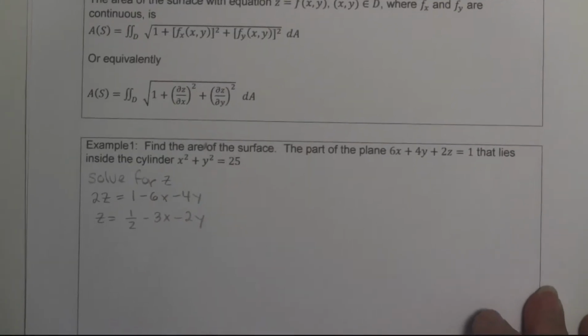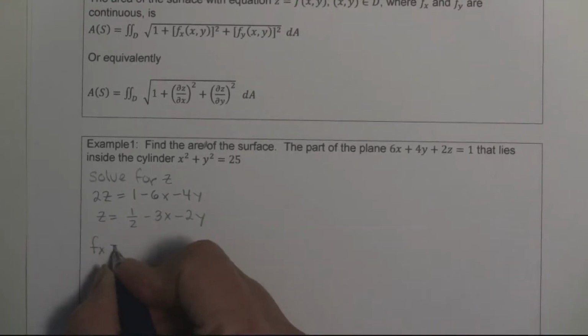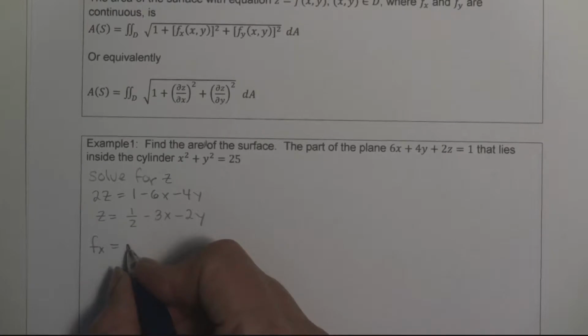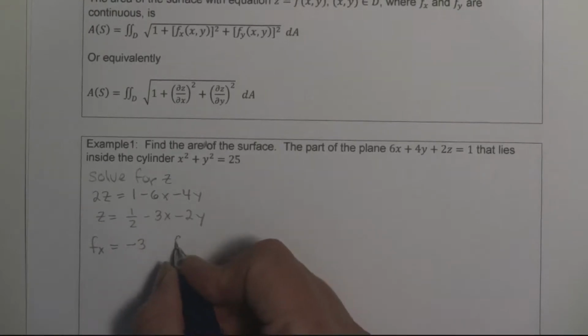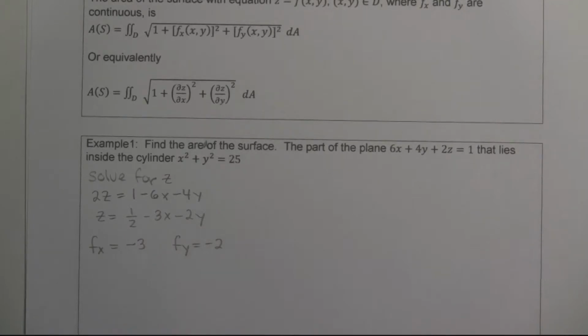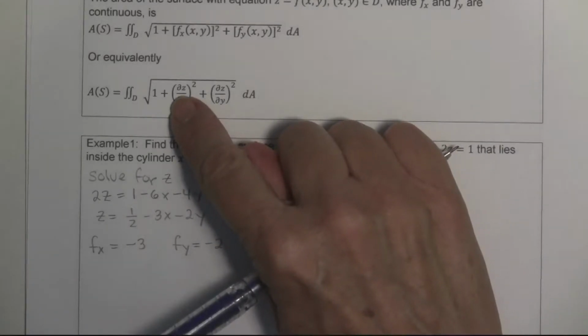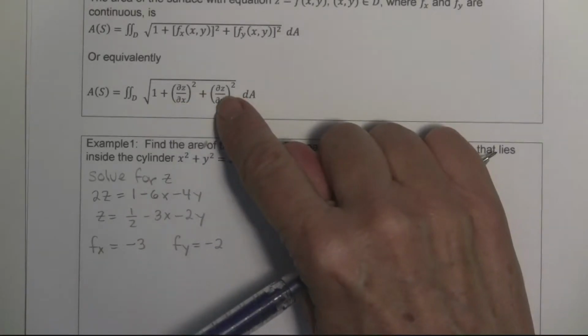And then if I take the partial of x, that's fx here. If I take the partial of x, I get negative 3. And if I take the partial of y, I get negative 2. So I'm making my plan of how I'm going to put stuff in. So this is going to be negative 3 squared and negative 2 squared.